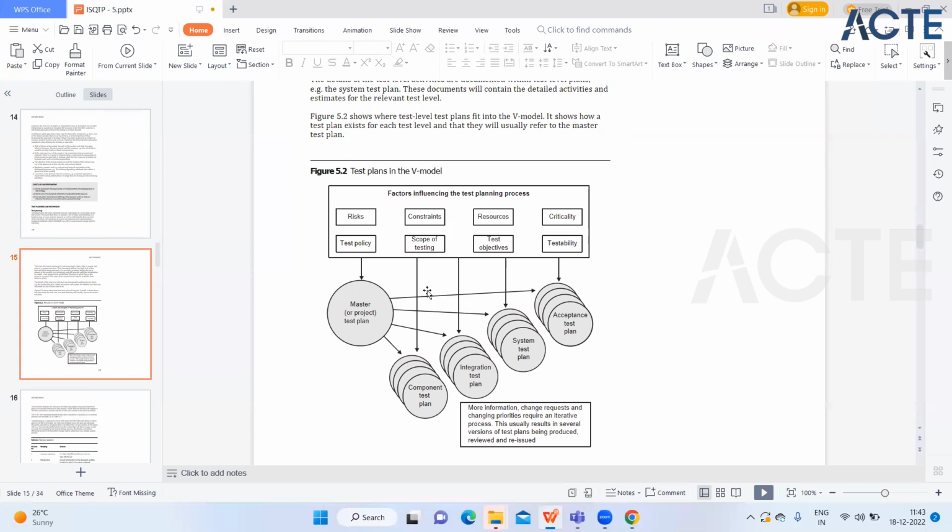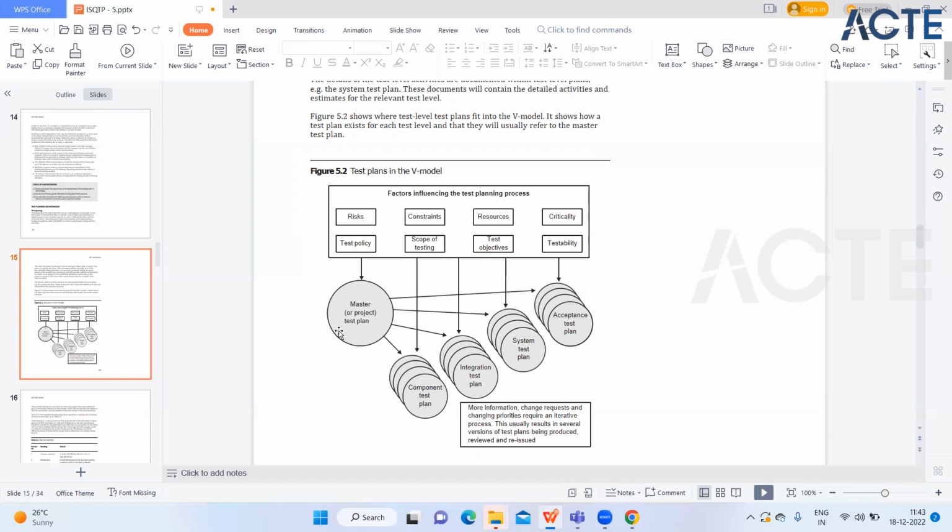So you have to remember those 16 elements of the test plan by heart, and for each element, what the descriptive form for that element should be. You will definitely get two to three questions related to the test plan elements. You can also read about the factors influencing the test planning process when you get time.